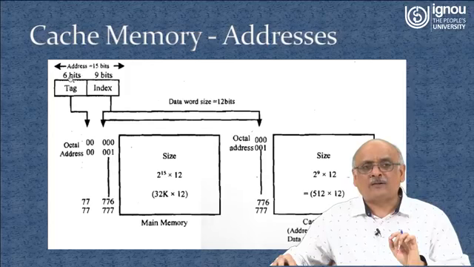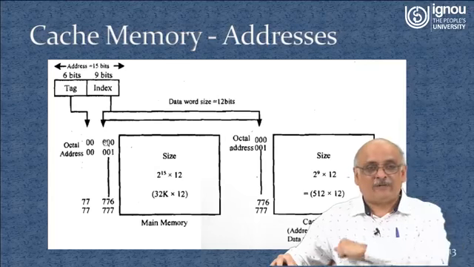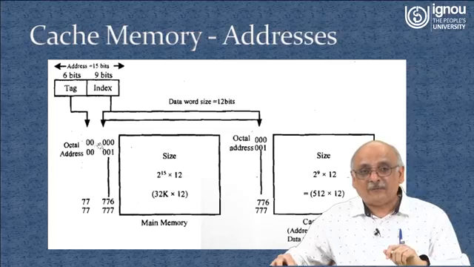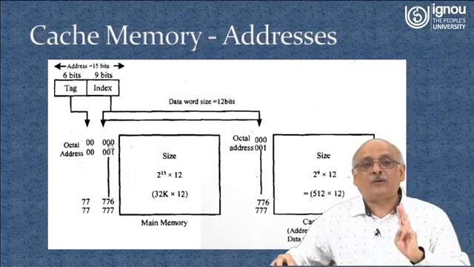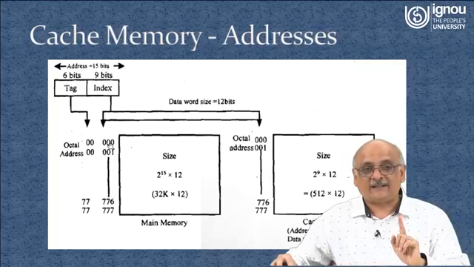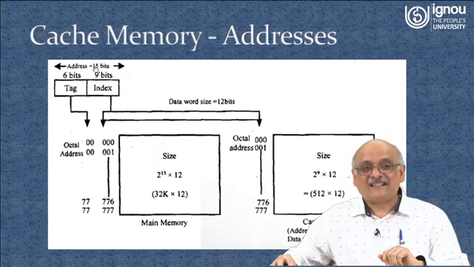Why have we shown the octal address? Because it suddenly reduces the number of digits. Otherwise we would have represented 15 binary digits here. Three binary digits are equal to one octal digit, so the number of digits we are showing is only 5 now. Since it was 15 bits, that's why we are using octal.